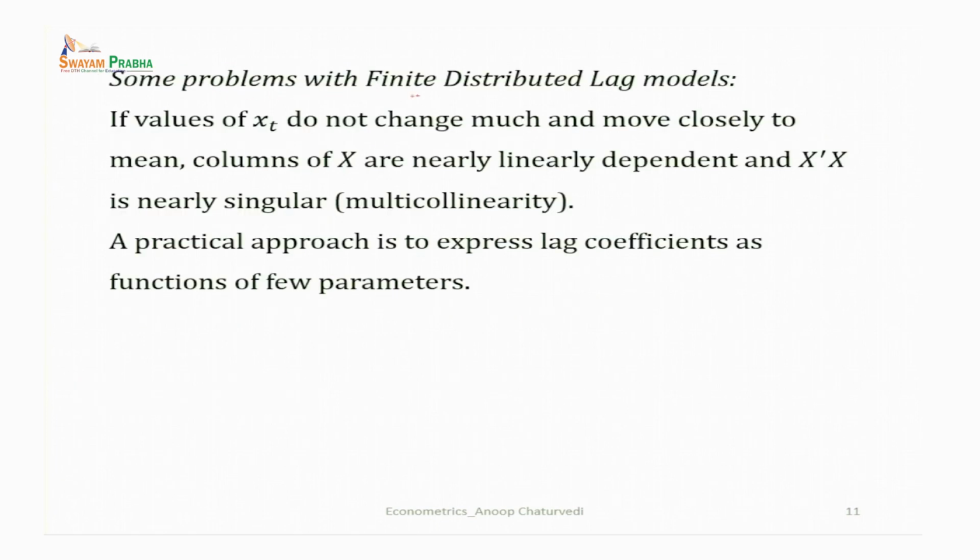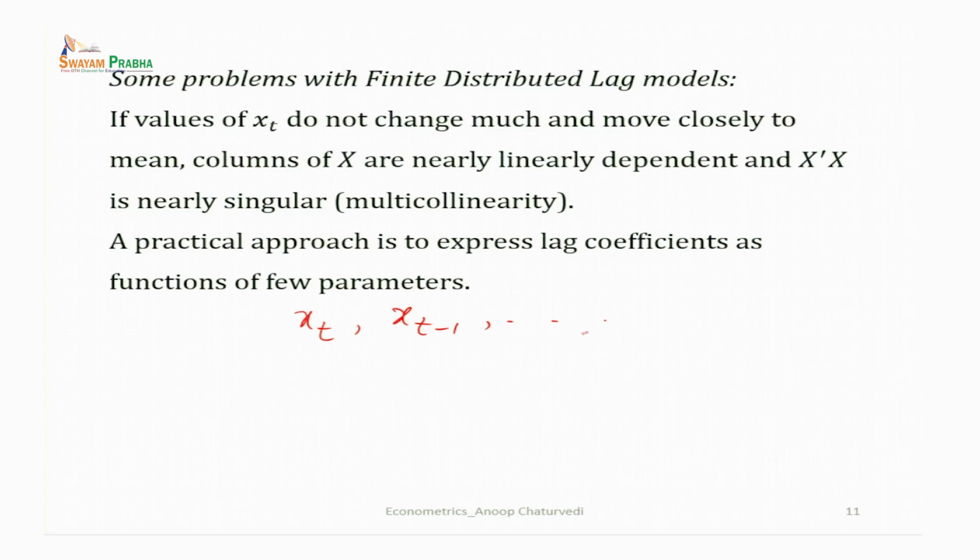Now, there are some problems with the finite distributed lag models. So, if the values of x_t do not change much and move closely to the mean, then the columns of X are nearly linearly dependent. Remember that you have x_{t-1} and so on, these values involved in your model.